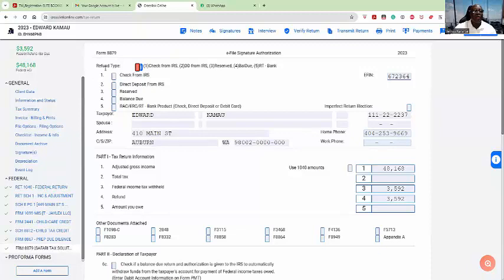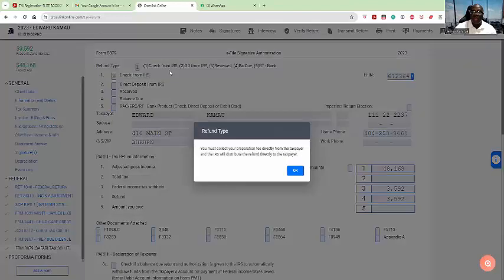So here, what is the refund type? The refund type is either they can get a check from the IRS, or it can be deposited to their account. We don't have their account, so they're going to get a check from the IRS. Okay, so we put a 1 for getting a check from the IRS.